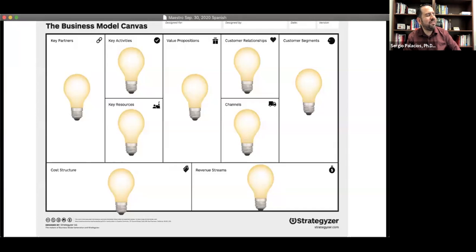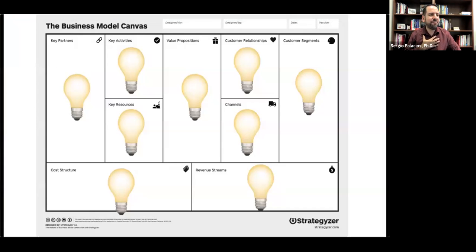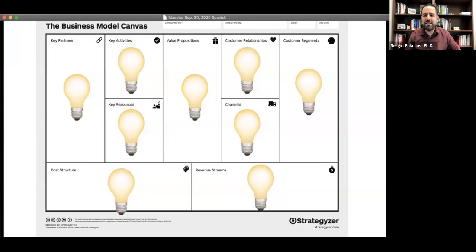Entonces, por ejemplo, Key Activities, a lo mejor cambiamos una de nuestras actividades. Por ejemplo, les comenté que para mí era muy costoso, mi costo principal era distribución, ¿verdad?